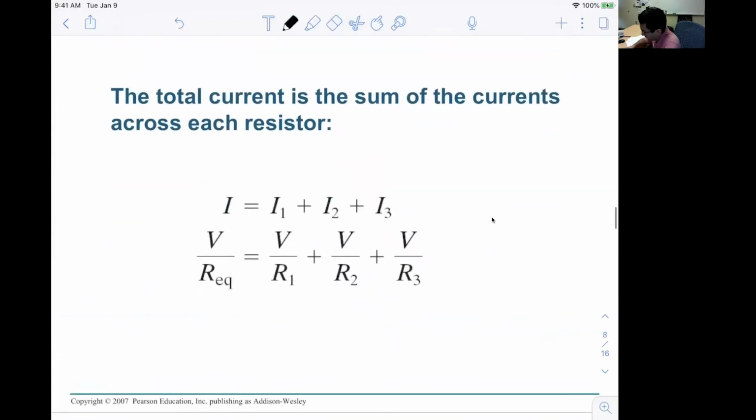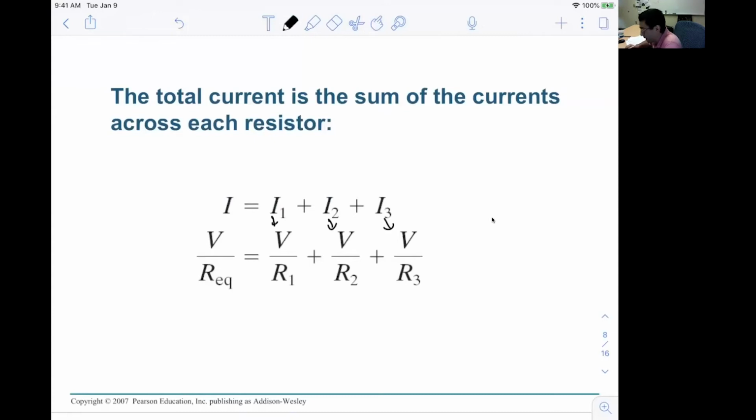For the circuit, you can write I as V divided by the equivalent resistance, R equivalent, and I1 is V divided by R1, and I2 and I3 are represented by V divided by R2 and V divided by R3.